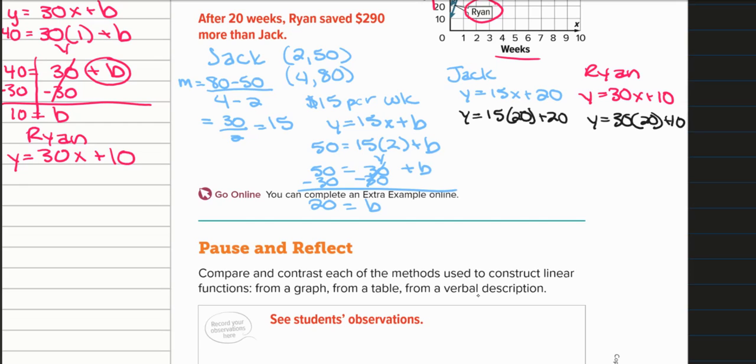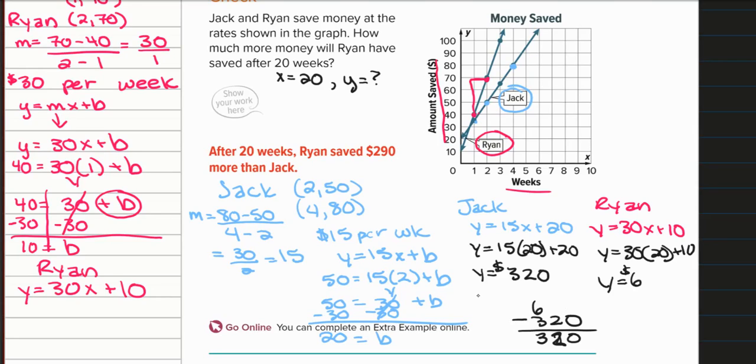And we're going to simplify those. So we're going to end up with y equals, and I'm just going to plug it all into my calculator because I don't feel like doing a lot of math. So we're going to do 15 times 20, which is 300, plus 20, which is 320. There we go. That's going to be 290.